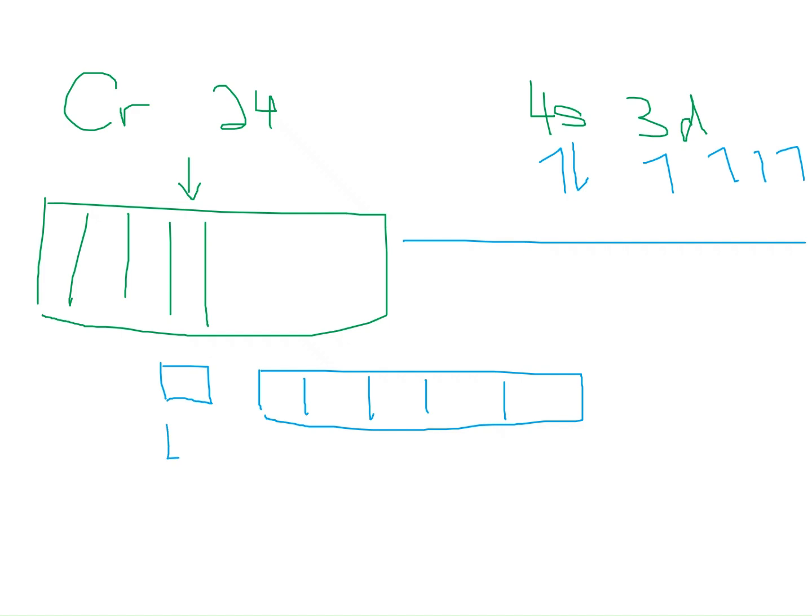So when filling in the 4s first, we need to fill in 2 electrons first in 4s, followed by the other 4 in 3d. This is what obeys the Aufbau principle.